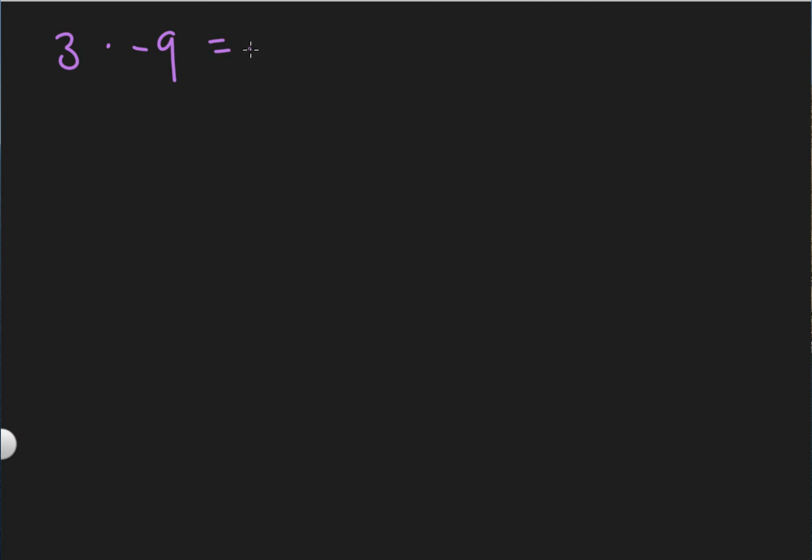That means my result will be negative. Multiply them together, we get 27. Negative 20 times negative 2. A negative and a negative, they're the same sign, so my product will be positive. And when I multiply, I get positive 40.